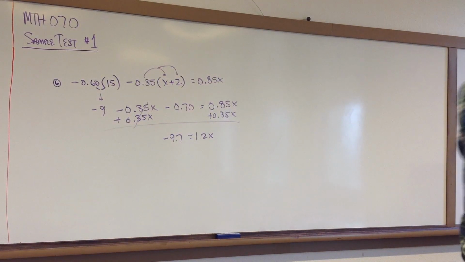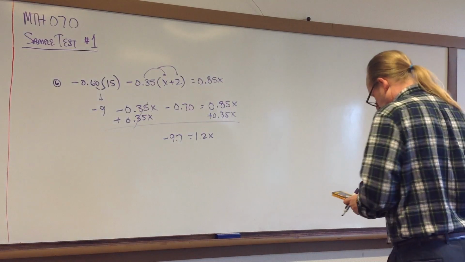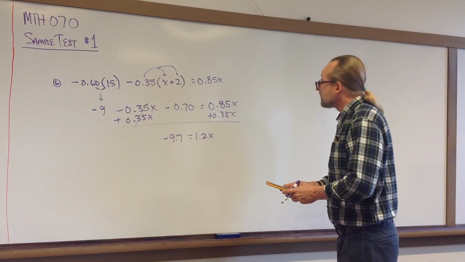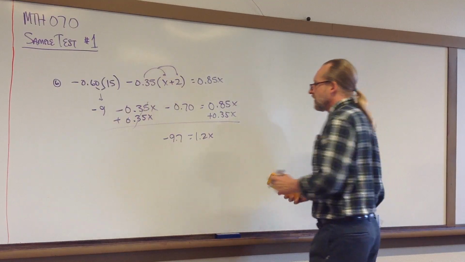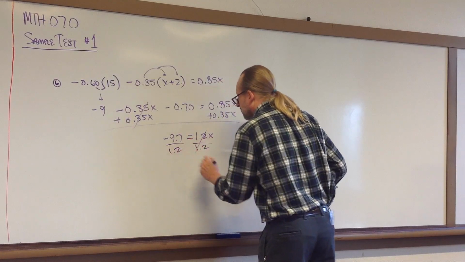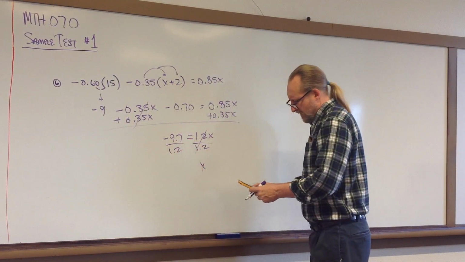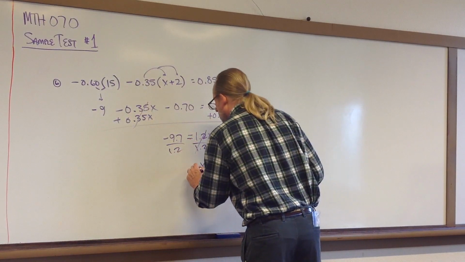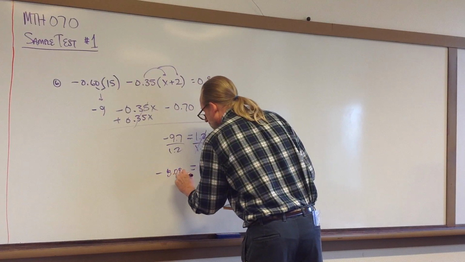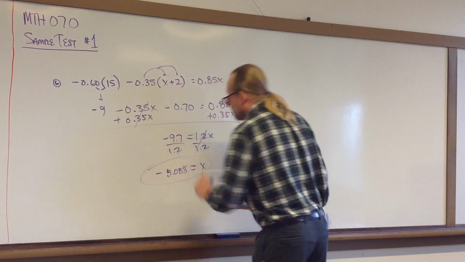And then we've got to divide on both sides. Negative 9.7 divided by 1.2. That's x by itself. And what do we get here? Negative 8.083 repeating. There we go.